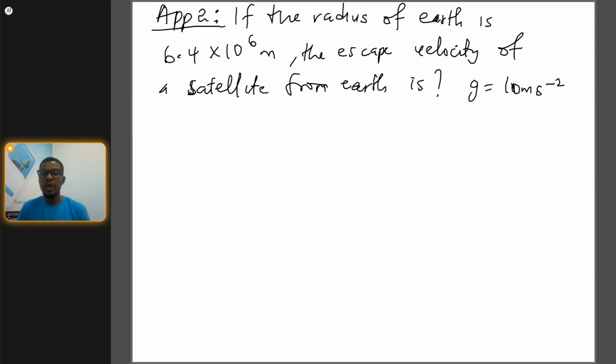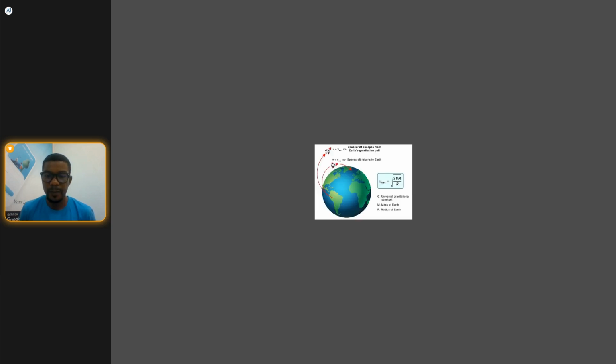All right. So we are asked to calculate escape velocity. So what is escape velocity? I have a diagram for us. I'll just quickly explain the concept behind escape velocity, then we'll move back to the question. This is the Earth's surface, and we said that gravitational force is present on the Earth's surface.